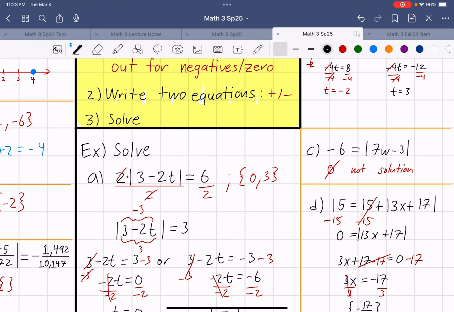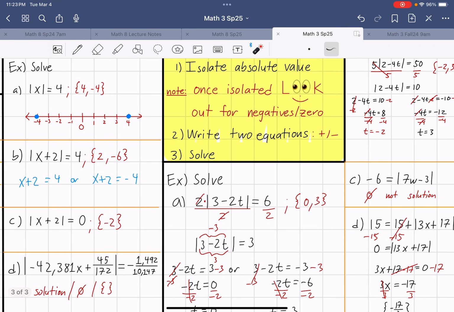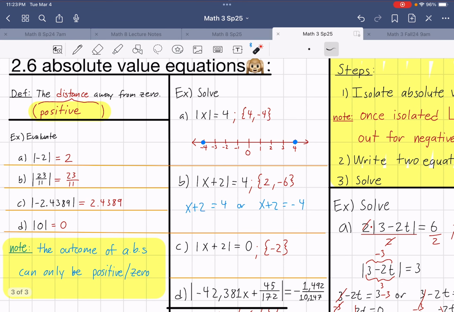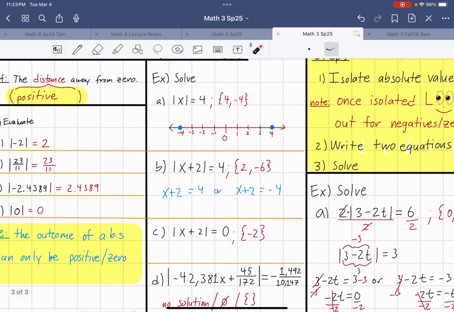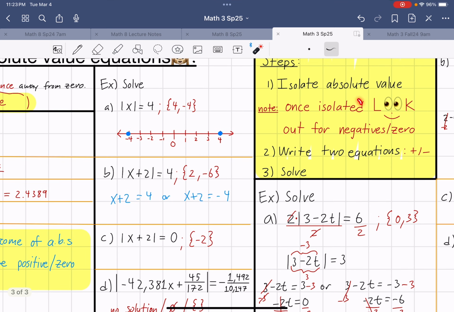So, what to take away? Biggest things. The absolute value, the outcome, can only be positive or 0. And sometimes we can do these problems through intuition. Because once our absolute value is isolated, you just need to look at what the equation is asking for.